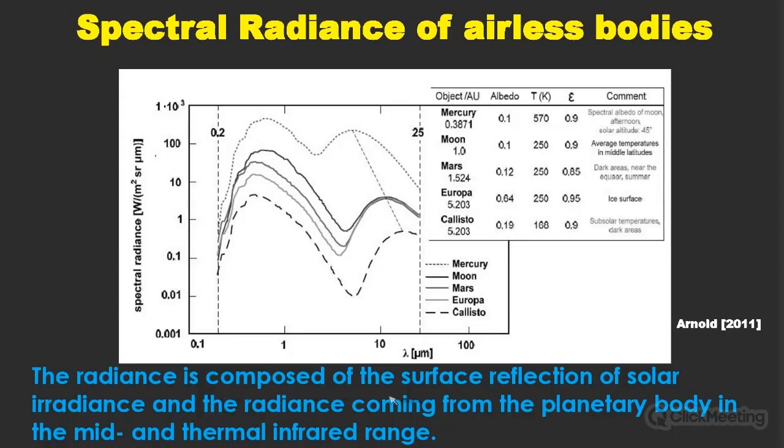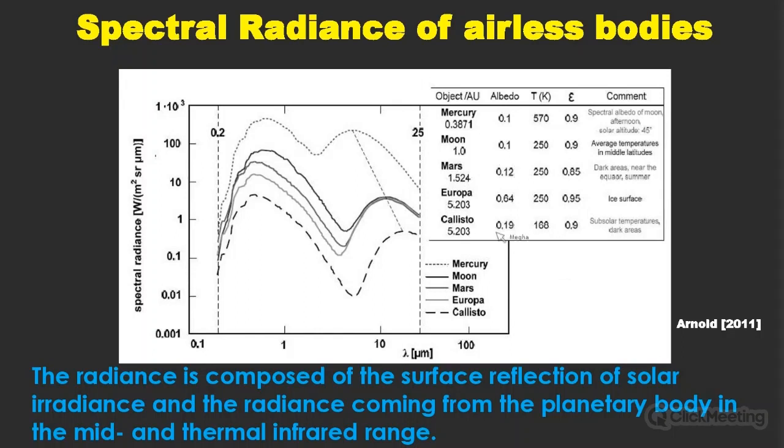So the radiance is composed of surface reflection of solar irradiance, and radiance coming from the planetary body in the mid and thermal infrared range. So the radiance can be divided into two. One part is dominated by reflectance, and another part is dominated by emission. Both ranges are very important to study, and when we combine them, we can get the overall response from the planetary body.